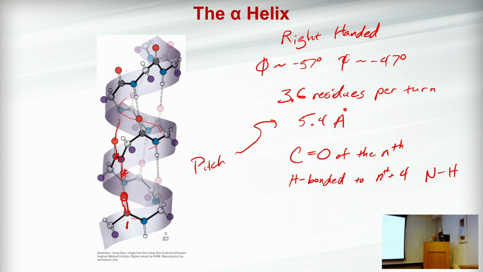If that's carbonyl 1, there's the second one, there's the third one. It's this purple residue, 2, 3, 4, and 5, okay? So you get to the fifth residue. But it's not just one every 4, it's every single residue.